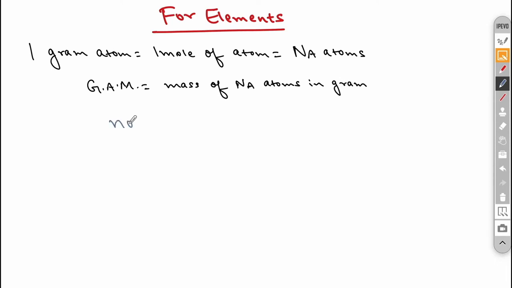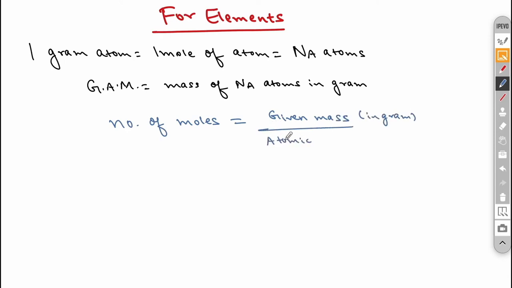For elements we define gram atomic mass. Also we can write number of moles as given mass, which will be in grams, divided by atomic mass, which will be in gram per mole.